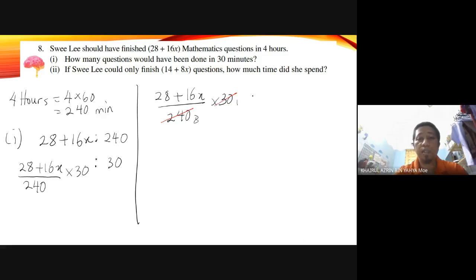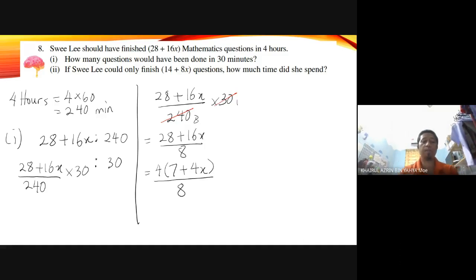Okay, so we will get here 28 plus 16x divided by 8. Okay, next 28 and 16 we can factor with 4. So this one becomes 7 plus 4 times 4 is 16, x over 8. And then it becomes 7 plus 4x divided by 2.